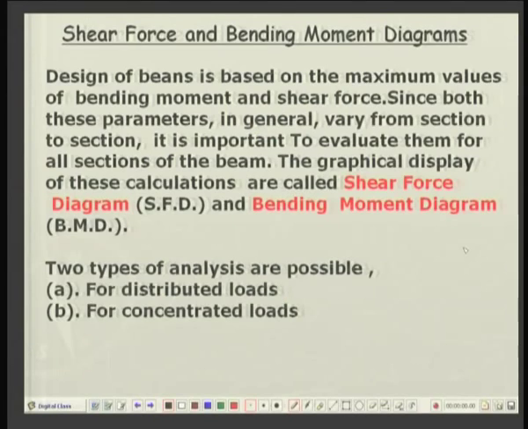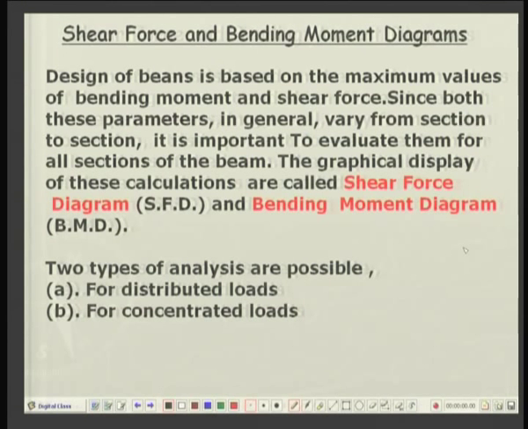Now, in the design of beams, which you will be learning in later courses like solid mechanics or strength of materials, there are two important considerations. One is the maximum bending moment and the other is the maximum shear force, because the size or the shape of the cross section of the beam is very much dependent upon these two parameters.